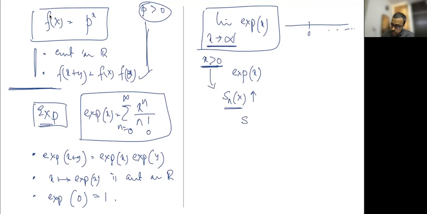What is S1(x)? S1(x) is 1 plus x, and the subsequent partial sums are even bigger.